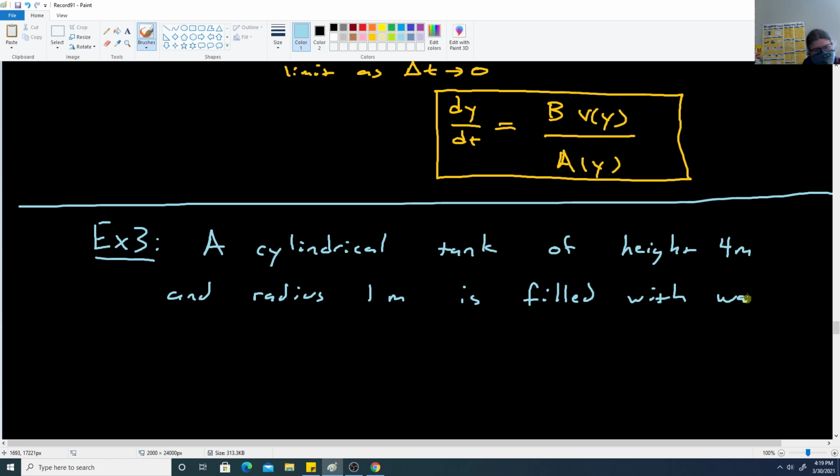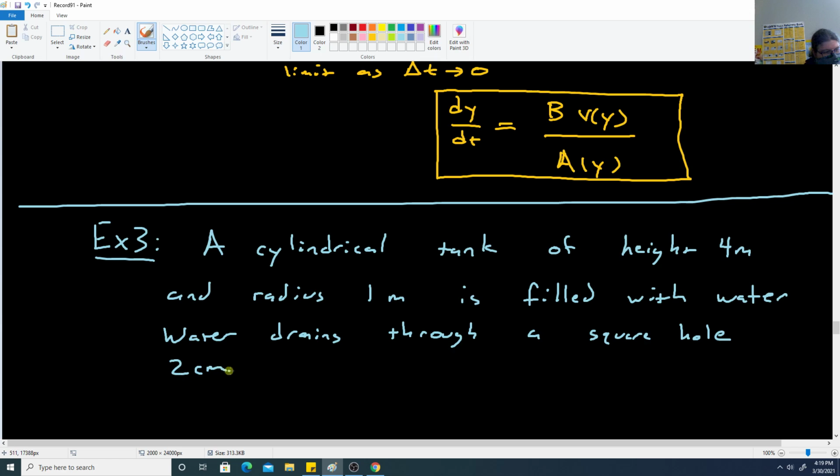Water drains through a square hole that is 2 centimeters on a side. So each side of the square hole is 2 centimeters by 2 centimeters.